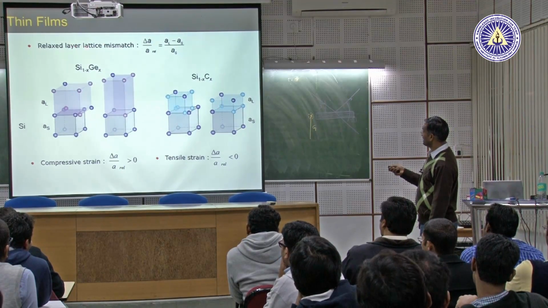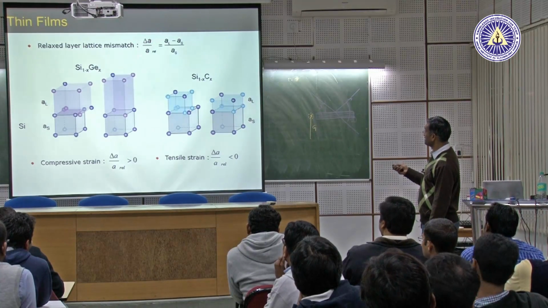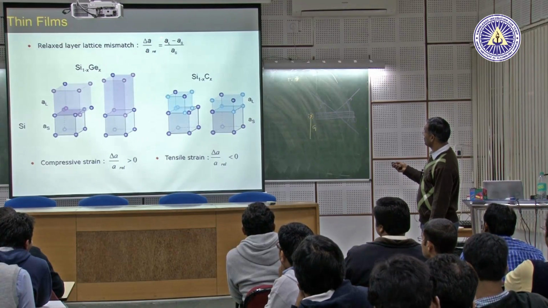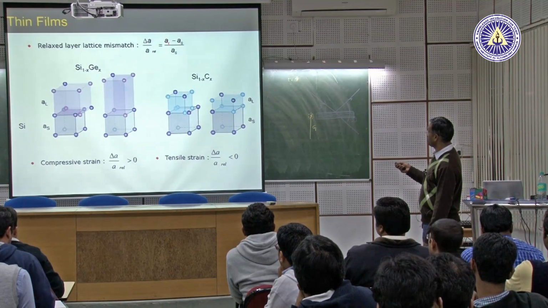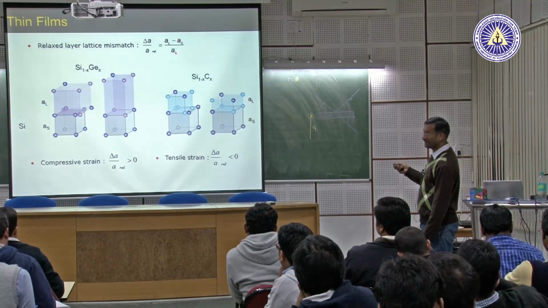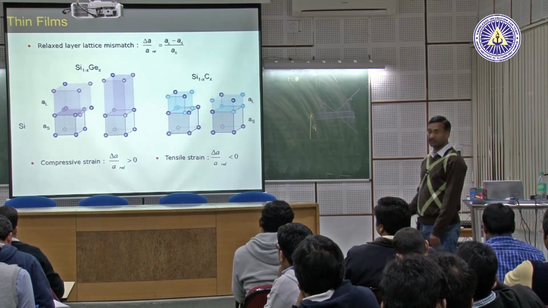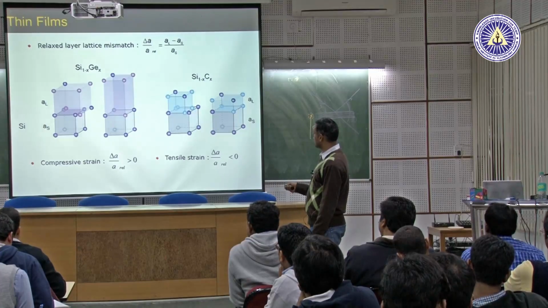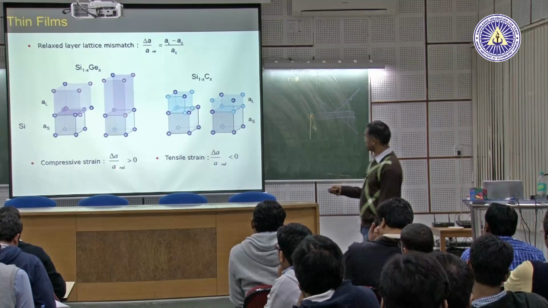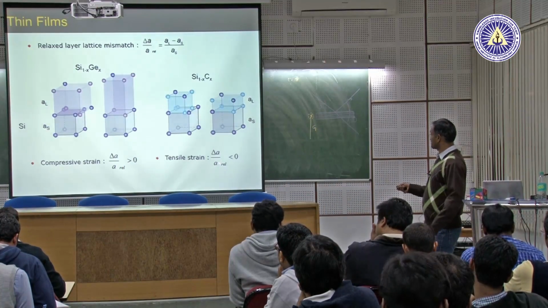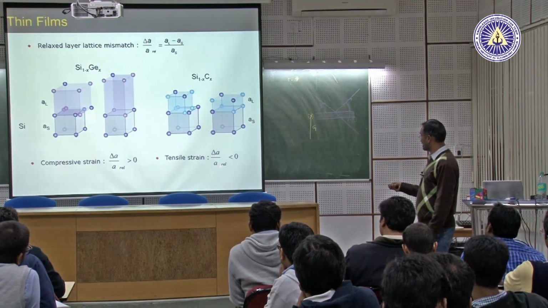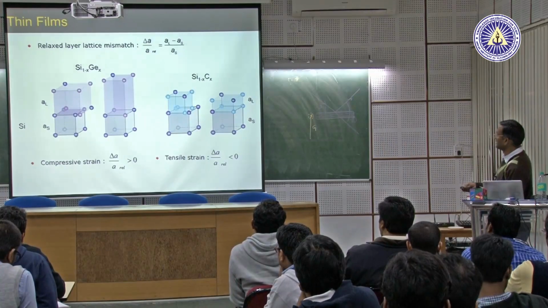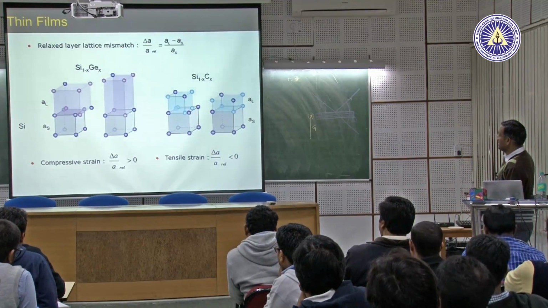So, the lattice mismatch is delta A divided by A reference, which is the substrate. The change in lattice parameter of film or layer minus the substrate, divided by the lattice parameter of the substrate, gives you the thin film strain. For compressive strain, typically delta A divided by A substrate is greater than 0, and for tensile strain, delta A divided by A substrate is less than or equal to 0. This is the typical notation.